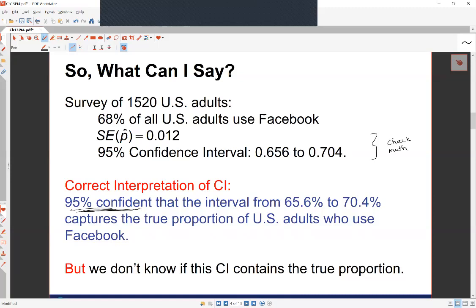No. But we have 95% confidence that the truth is in that interval. However, it could be one of the 5% of confidence intervals that are duds. But we have no ability to know that without actually doing a census of the whole population.